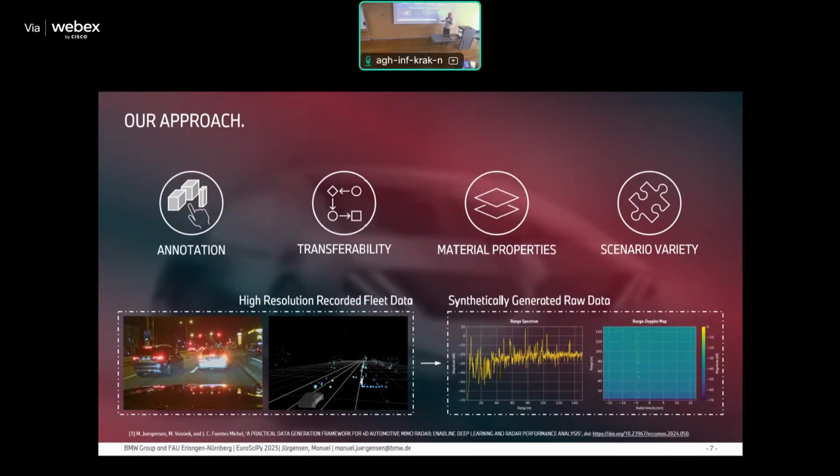So what we already have there is material properties, scenario variety, and all the other stuff. The trick is that we use a high-resolution sensor to simulate the spectrum of a low-resolution sensor. So we're doing a kind of subsampling in the spatial domain. We can then synthetically generate and simulate our raw data, and we already have the annotation because we know what we put into the simulation.